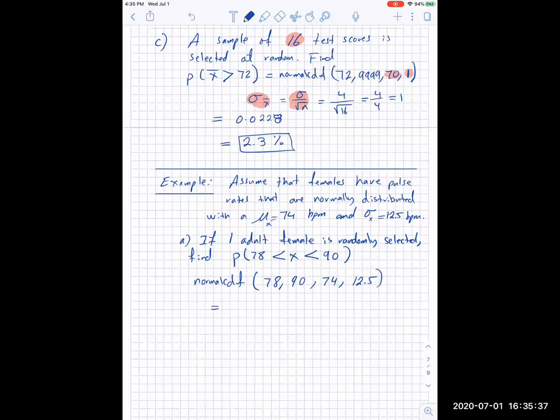Let's find out what the probability is. 78, upper limit 90, 74, and 12.5. 0.2742, 27.4%.